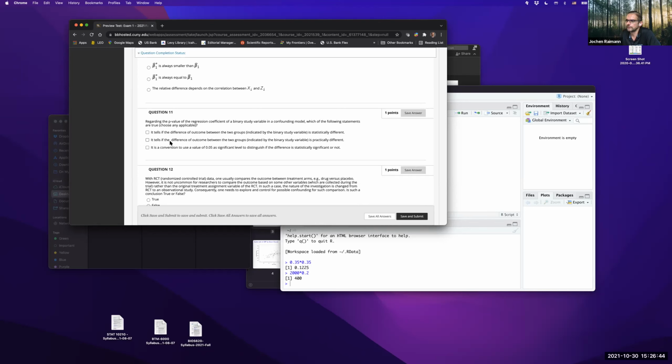It tells if the difference of outcome between the two groups is practically different. It is a convention to use a value of 0.05 as significance level to distinguish if the difference of the outcome is statistically significant or not.